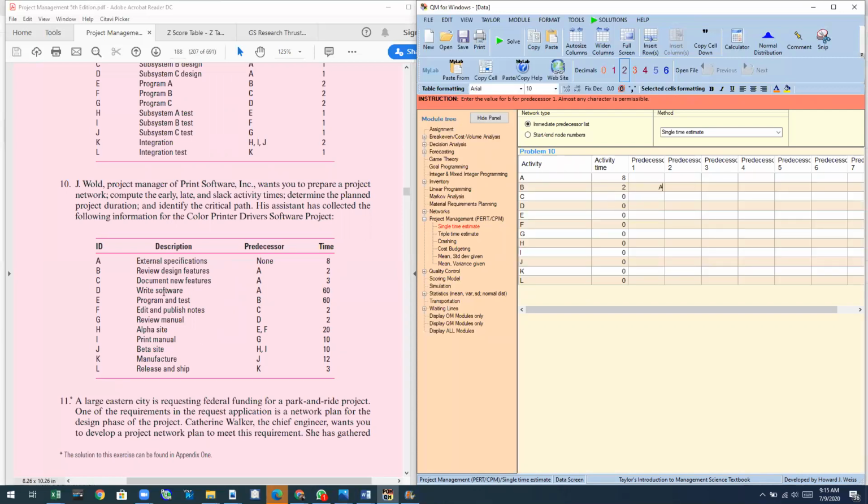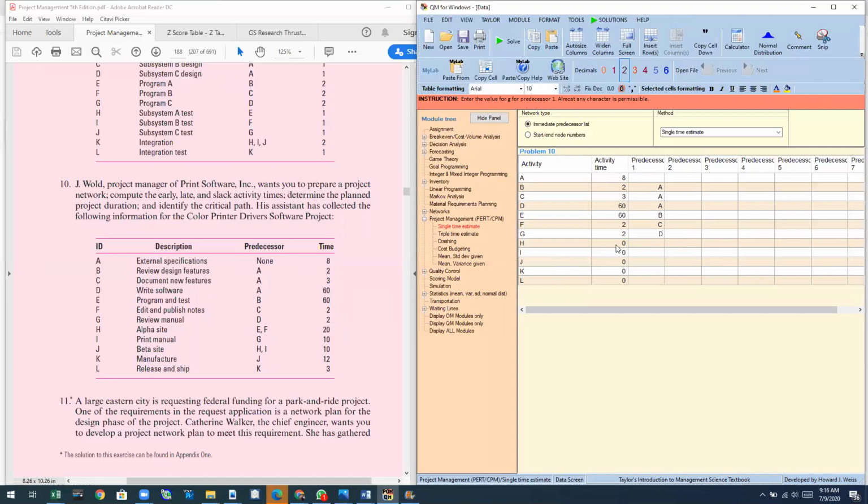C, time is 3, predecessor A. D, time is 60, predecessor is A. E, time is 60, predecessor is B. F, time is 2, predecessor is C. G, time is 2, predecessor is D.